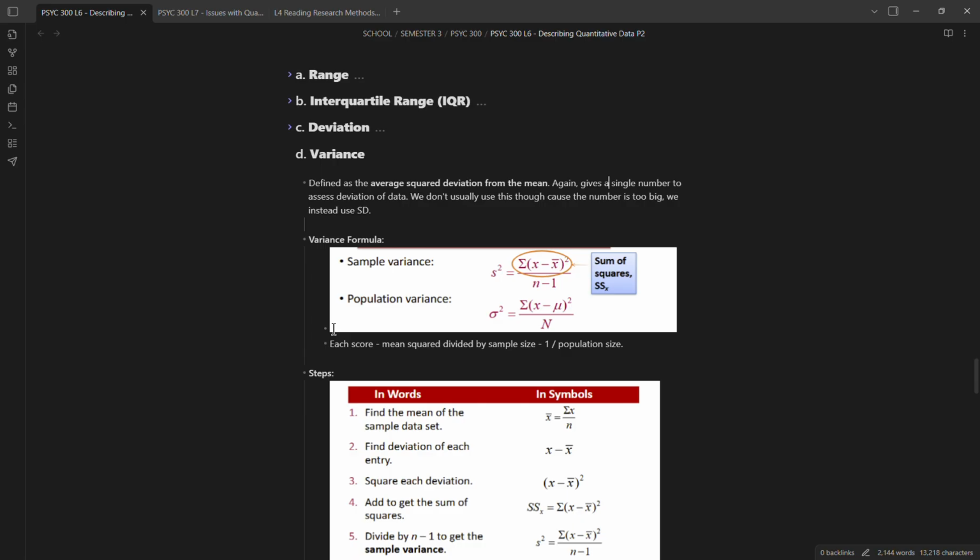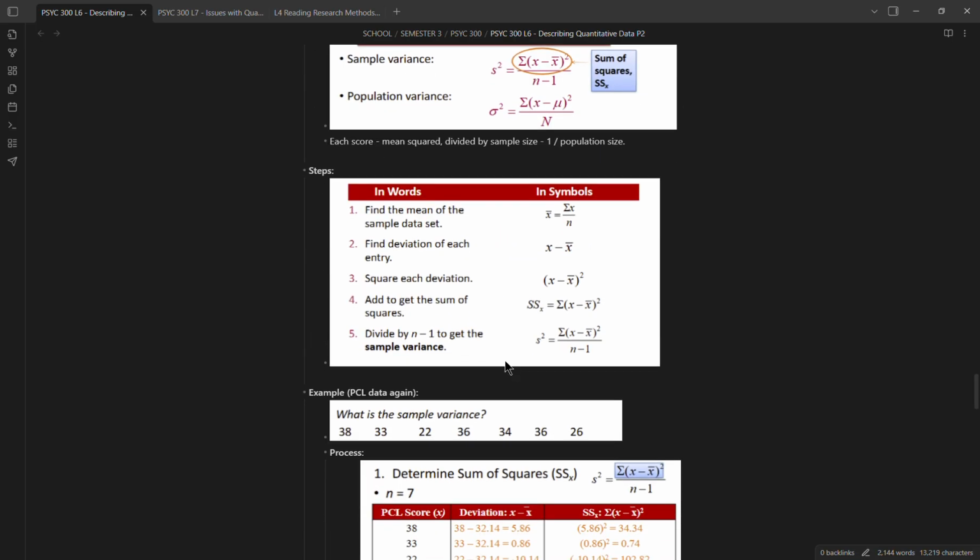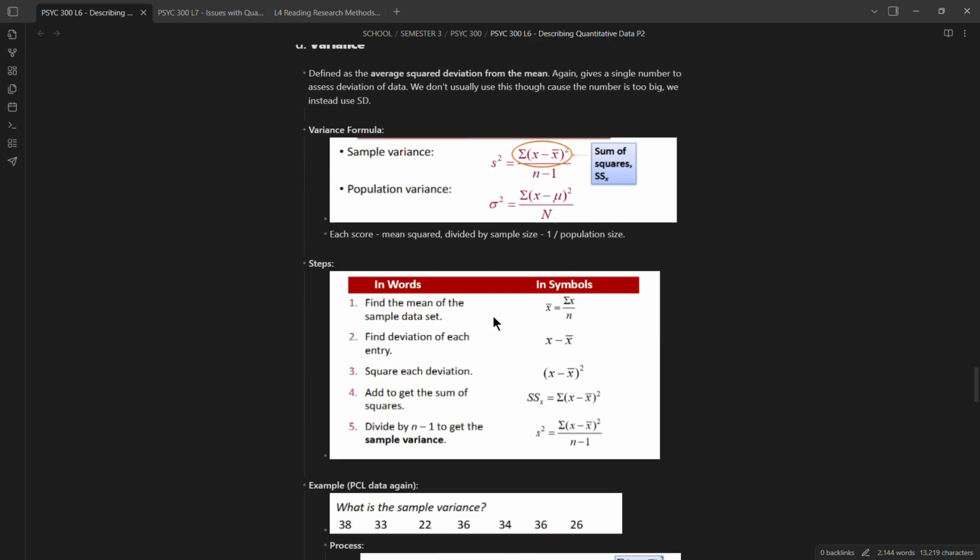Yeah, so it's each score minus the mean, squared, divided by sample size minus 1 or population size minus 1.